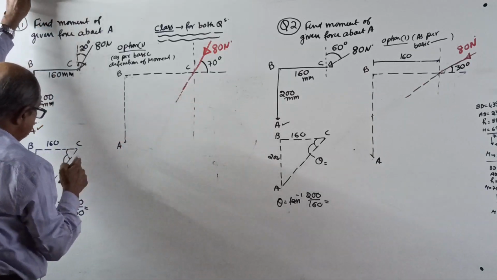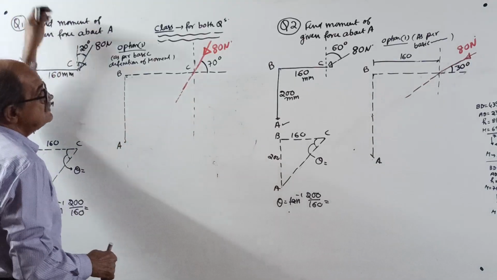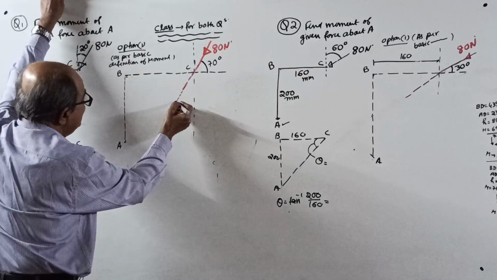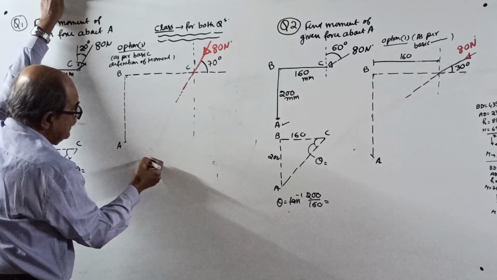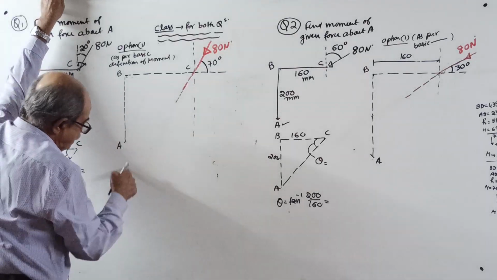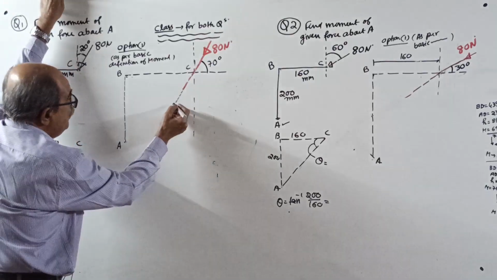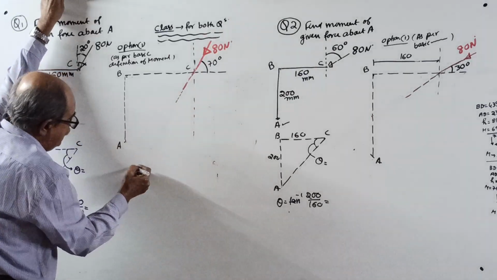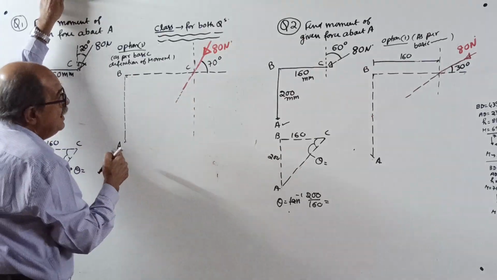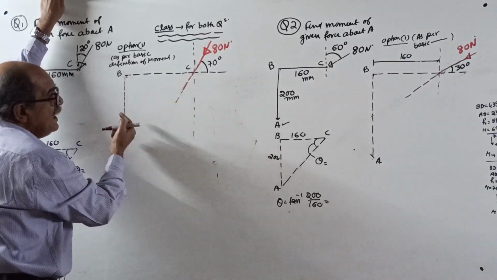Now suddenly doubt will come. When I extend that line, will it cut this vertical line somewhere below A or somewhere above A?